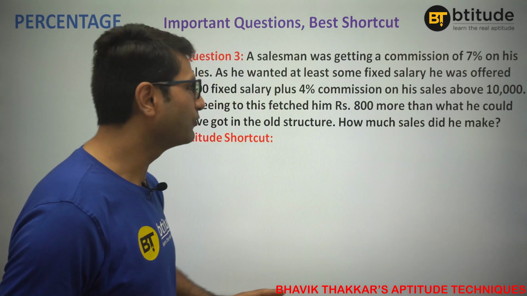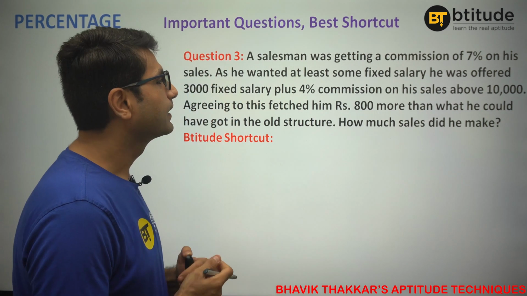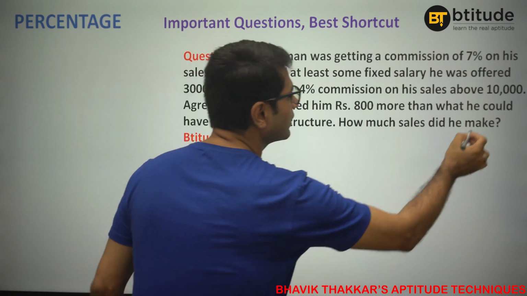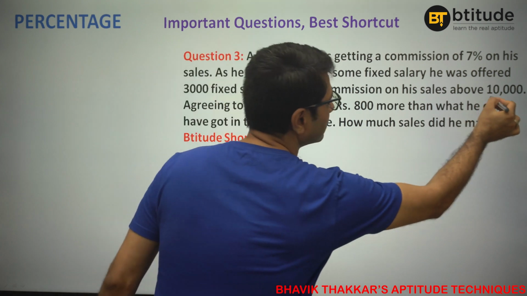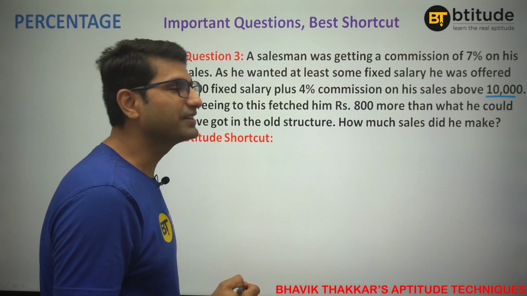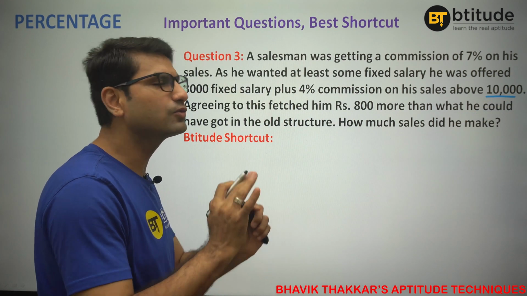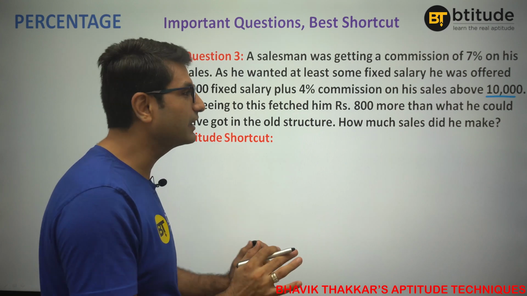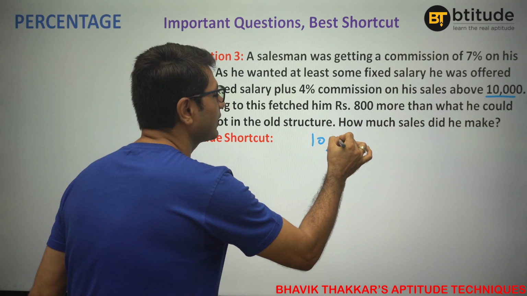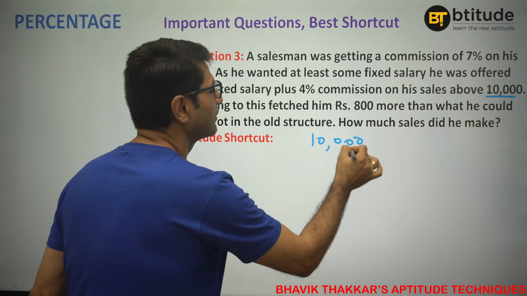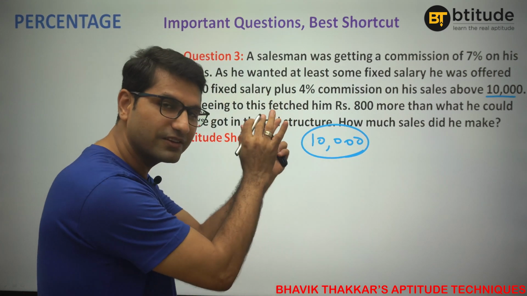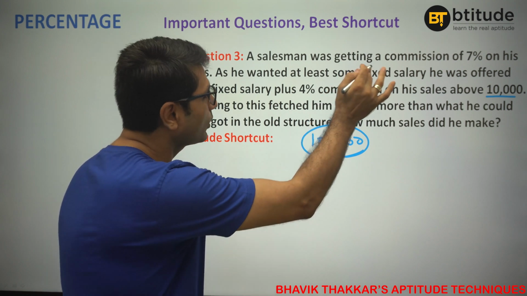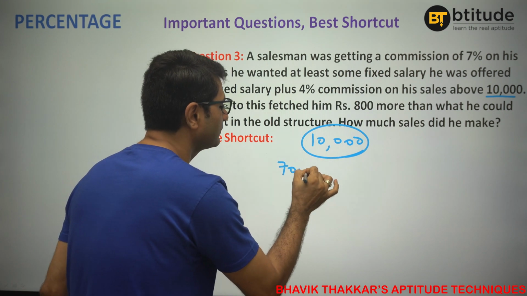Here, how can you think? Let's try to figure it out. Because it is said that above 10,000 he is getting this commission, right? In this particular scenario, he is getting his commission only after 10,000. So let us assume, what if he is just making 10,000 rupees in sales. If the sales is 10,000, in the previous salary structure he is going to get 7%, that is 700.